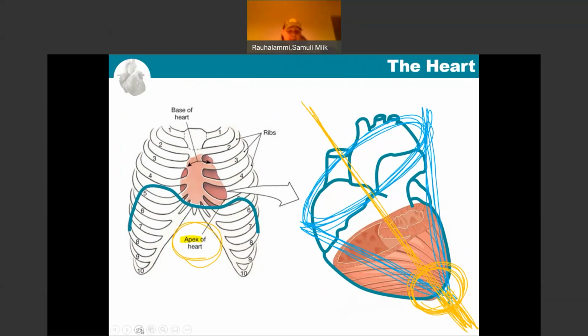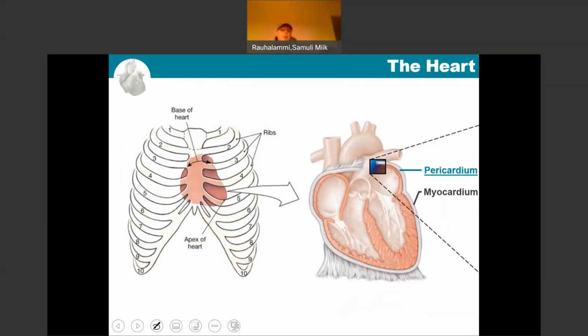Another thing that this diagram shows nicely, which we will come back to, is the two ventricles of the heart. You will see the left ventricle with its thicker muscle wall, whereas the right ventricle has a much thinner muscle wall here. So this will become important as we discuss the role of these ventricles a little bit later.